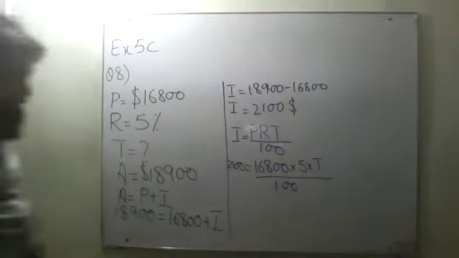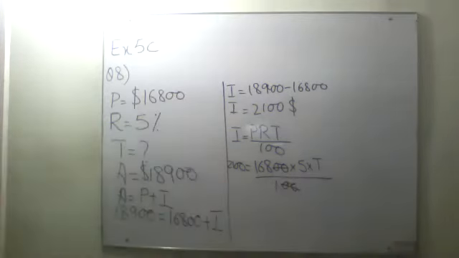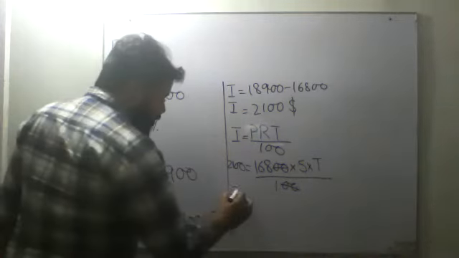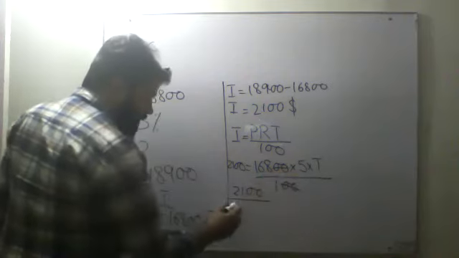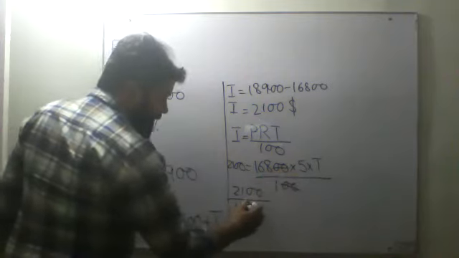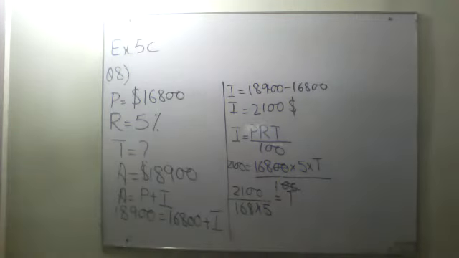Let's simplify it first. The zeros will cancel, right? So 2,100 over these two will be shifted over here. 168 into 5 equals T, right?